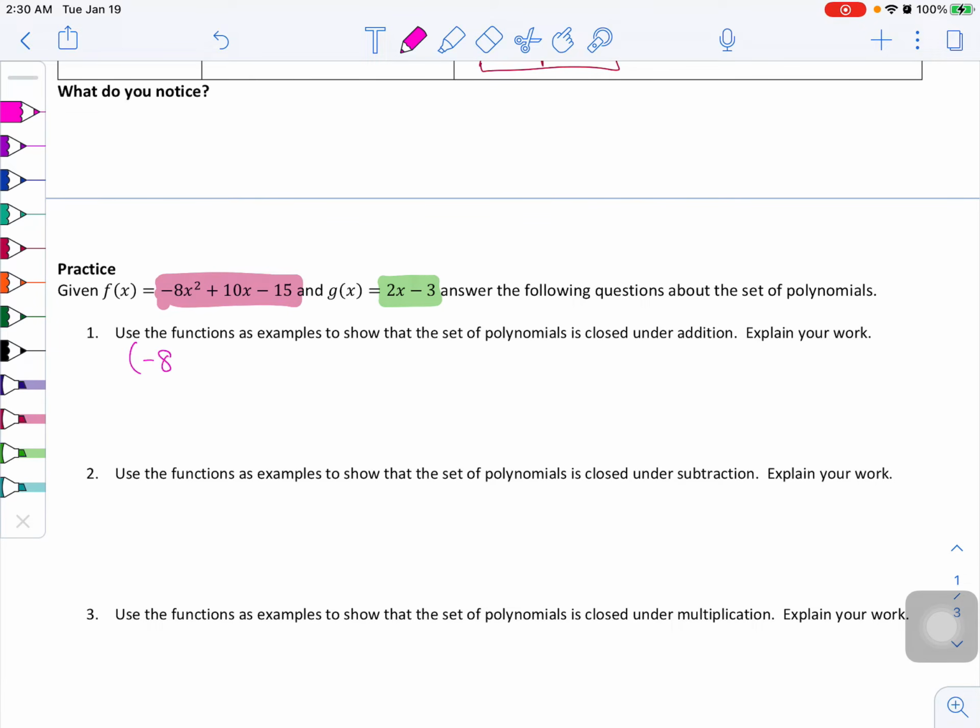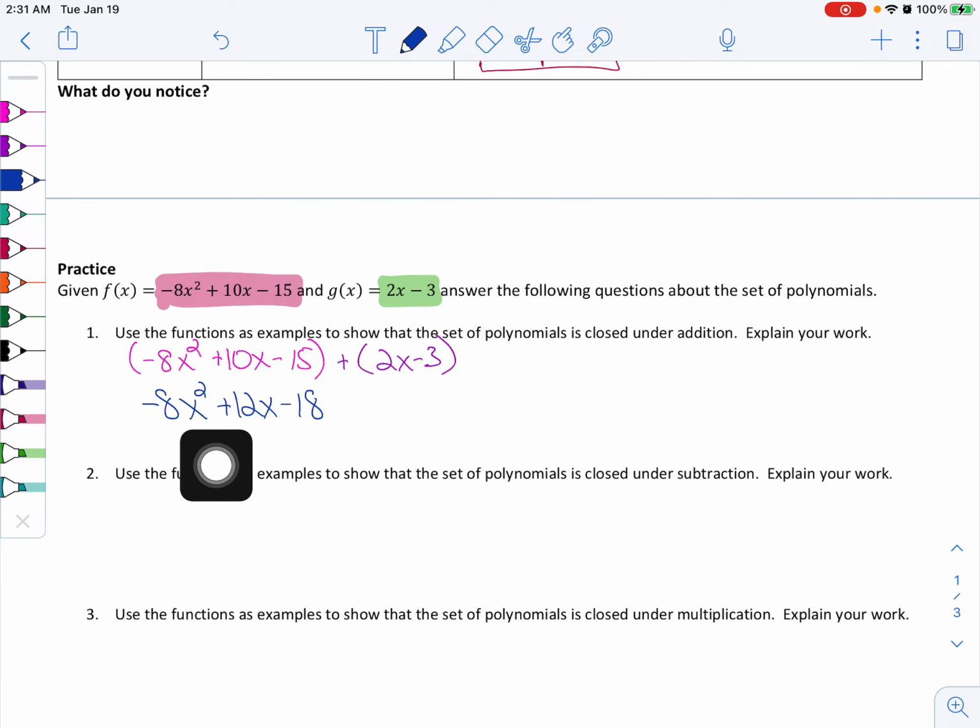So if I take these two polynomials and I add them, I should create a polynomial. So let's do that. Negative 8x squared plus 12x minus 18. This is absolutely a polynomial. All right, so what did I just do?